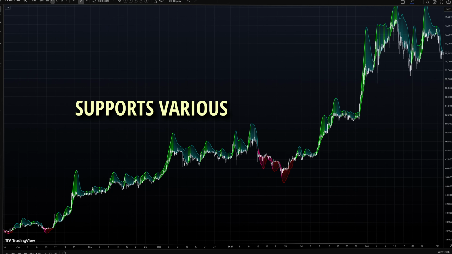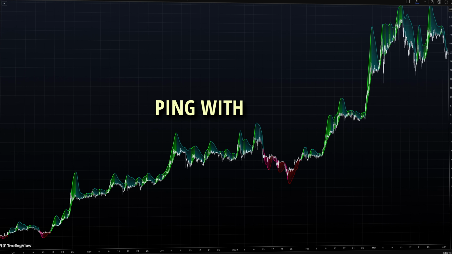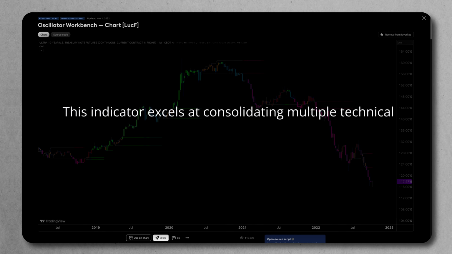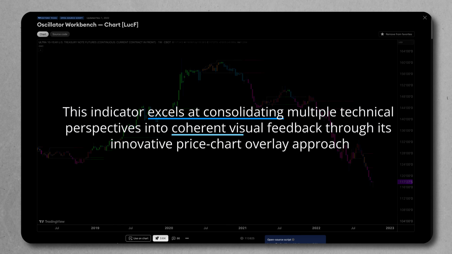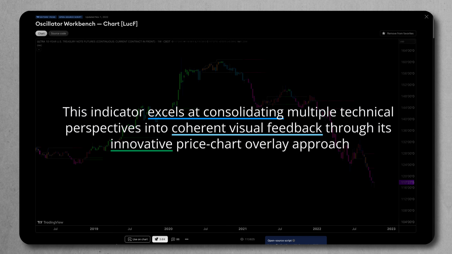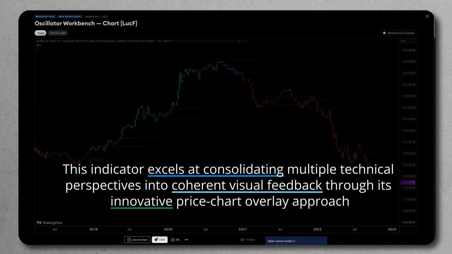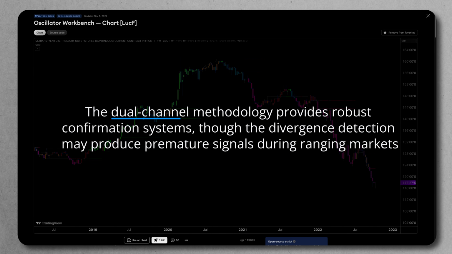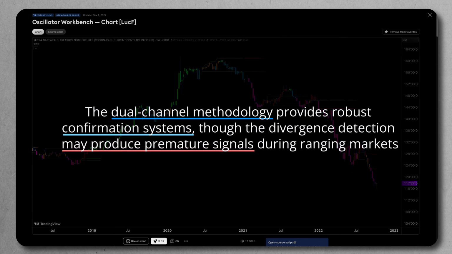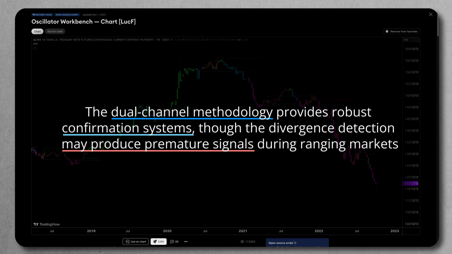The workbench supports various trading approaches, from scalping with short-period settings to swing trading with longer lookbacks. This indicator excels at consolidating multiple technical perspectives into coherent visual feedback through its innovative price chart overlay approach. The dual-channel methodology provides robust confirmation systems, though the divergence detection may produce premature signals during ranging markets.